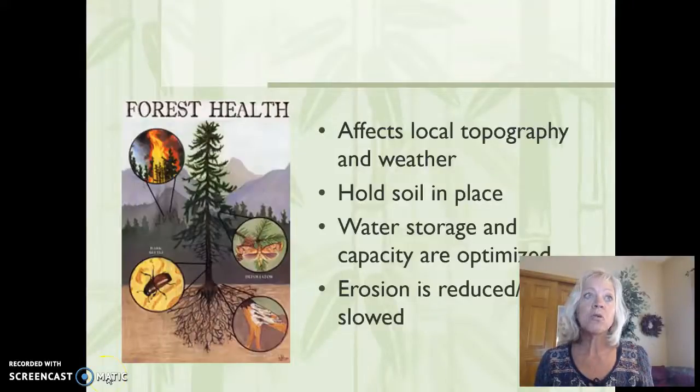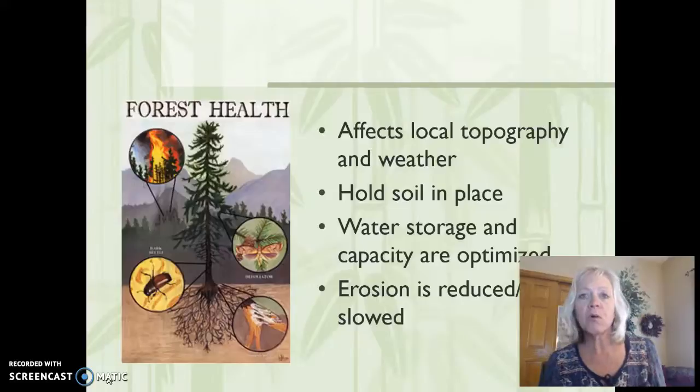So part 2 of forest ecology: forest health is affected by so many different things. It affects the topography and the weather. It holds the soil in place. It affects water storage and capacity being optimized.